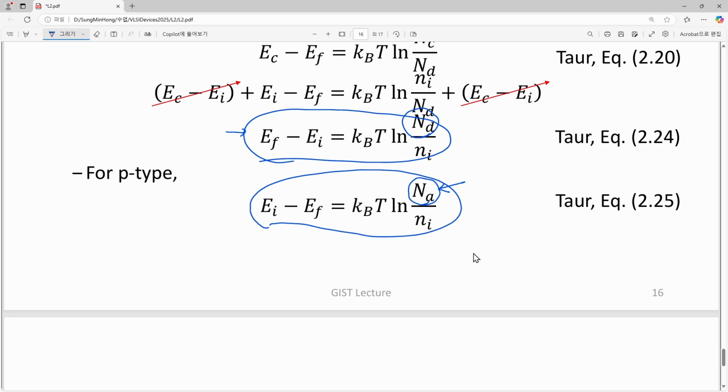I assume that you have already attended some courses, so this is just to provide a quick review of these equilibrium properties. If you don't understand these contents, then please review your previous lectures.